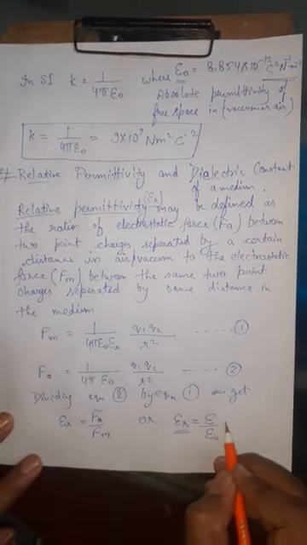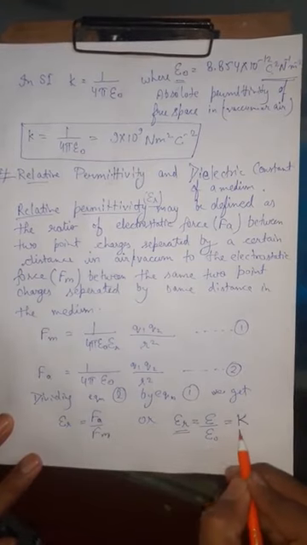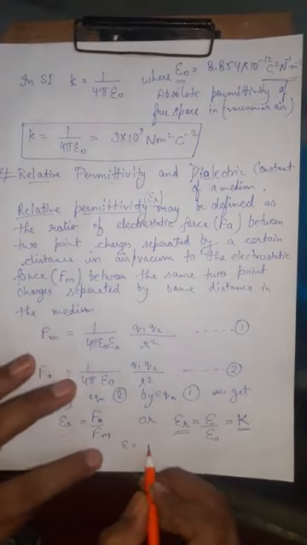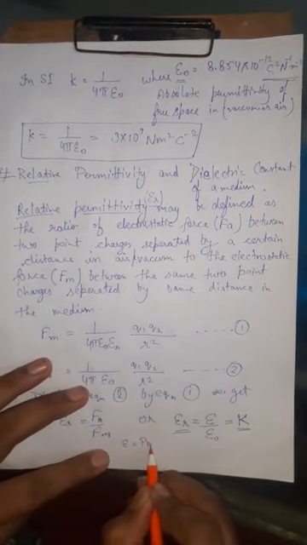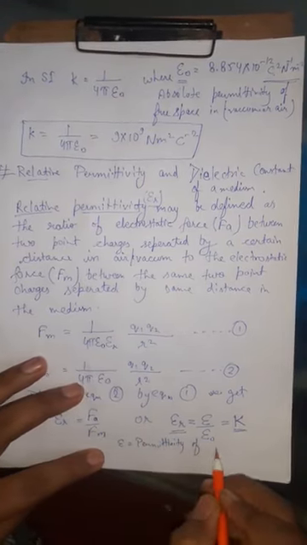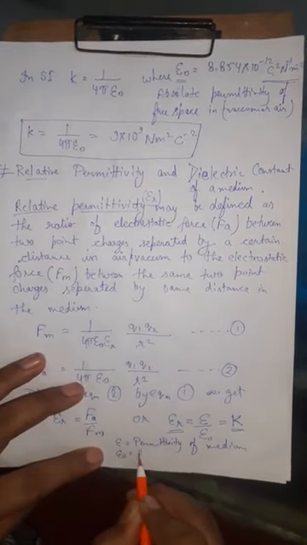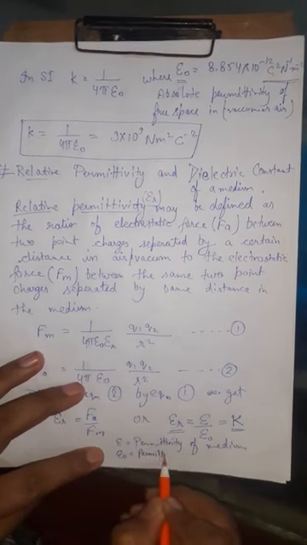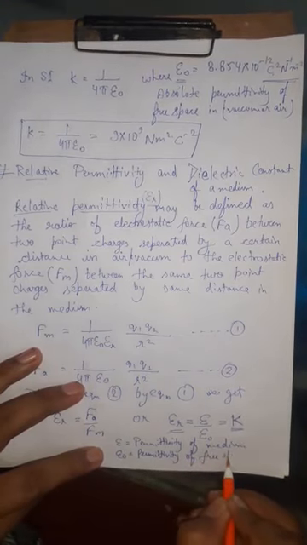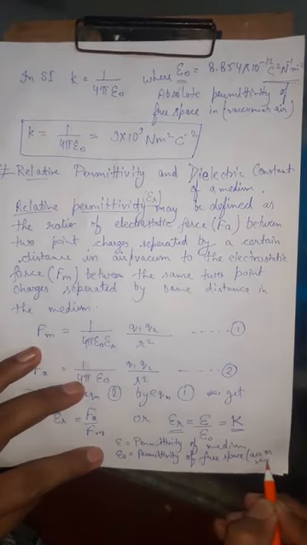This relative permittivity can also be termed as dielectric constant, represented by capital K. Here epsilon is equal to permittivity of medium, and epsilon naught is the permittivity of free space, whether it's air or vacuum.